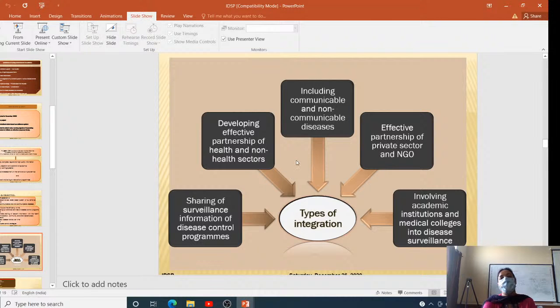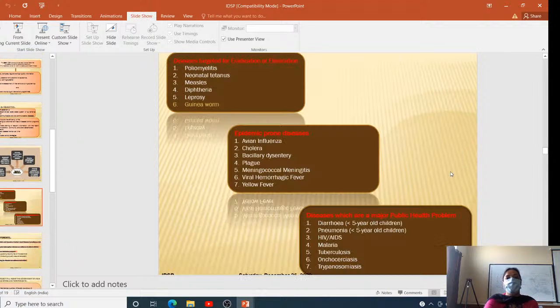Even for non-health sectors, they are saying that partnership should be there, for example with the women and child department under the ICDS scheme or any other such scheme. So they are trying to develop partnerships so that they obtain information from each and every sector in the community, and the information is complete.